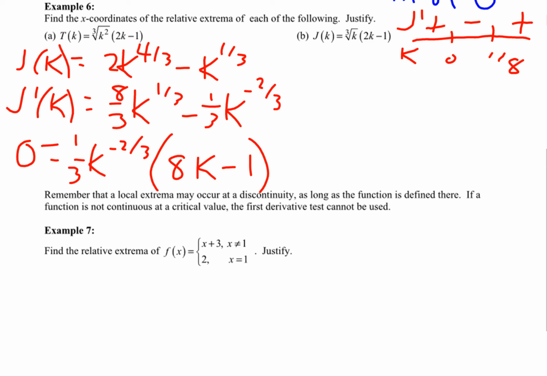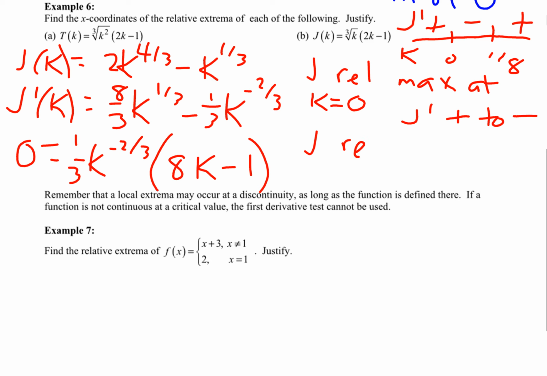Okay, so then it appears that j has a relative maximum at k equals 0, and that is because j prime changed from positive to negative. And then j has a relative minimum value at k equals 1/8, and that's because j prime changes from negative to positive there.